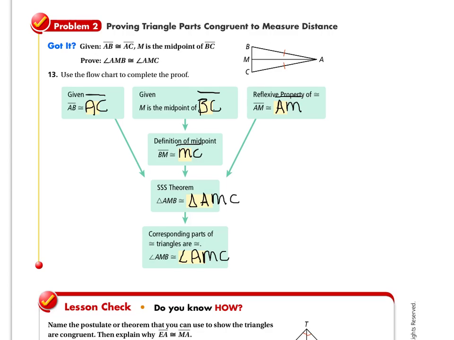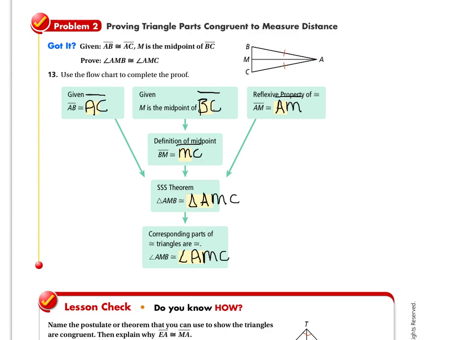As you can see, I've got my 2 given statements here: segment AB is congruent to segment AC, and point M is the midpoint of segment BC. I also know that segment AM is part of one large triangle, and it also splits the large triangle into 2 smaller triangles.